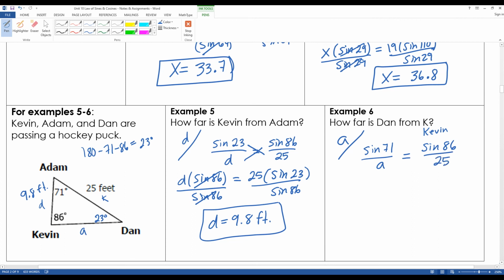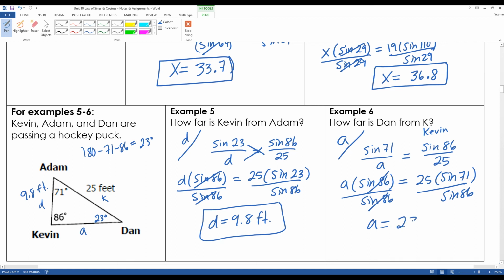Just keep it the same. Now A times the sine of 86 is going to equal 25 times the sine of 71. Again, same process, divide. And as you use your calculator, you should get 23.7. Make sure you're getting that number.